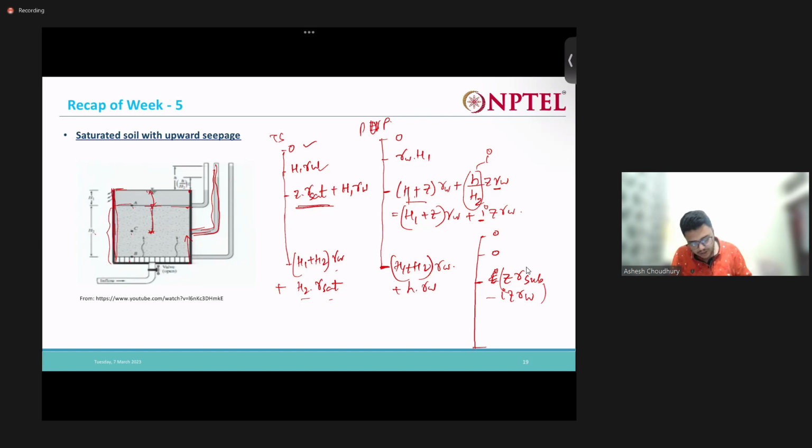And at the bottom point, H2 gamma submerged minus... so H2 is this much into gamma submerged minus... H will be small h, right? Small h gamma w. Yes, correct.